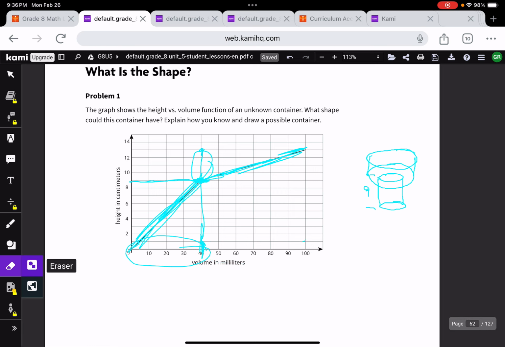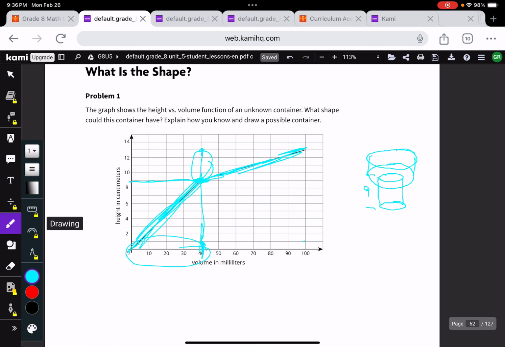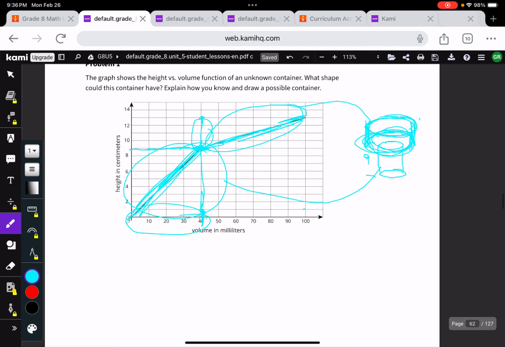So you can see that it gets a lot wider on the top of the graph right here. This part is the wider, and that part is the skinnier section. So that's problem number 1.